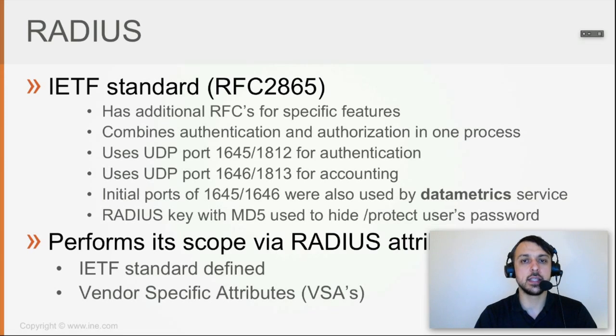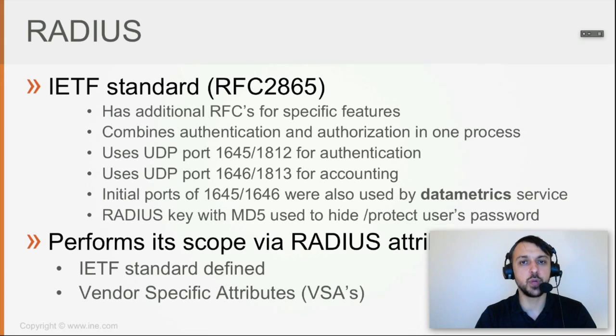Cisco has developed a lot of vendor specific attributes, mainly used in order to assign different authorizations to a device requesting network access, like using a DACL or a per-user ACL, or using voice domain authorization, or security group tag.